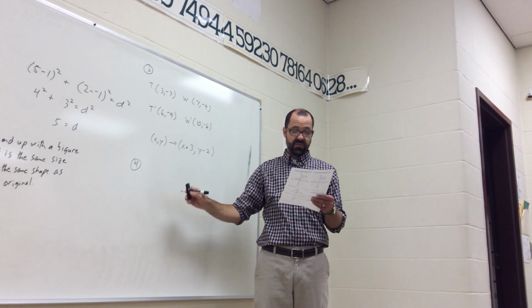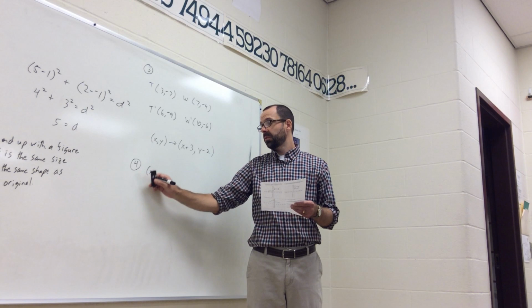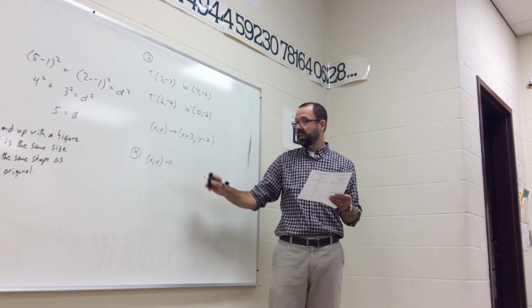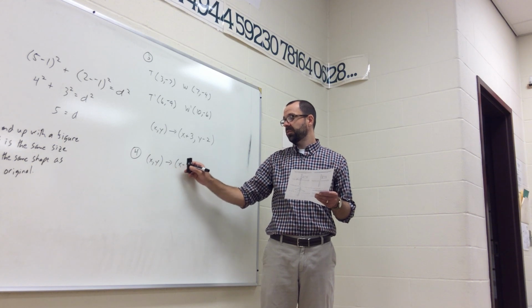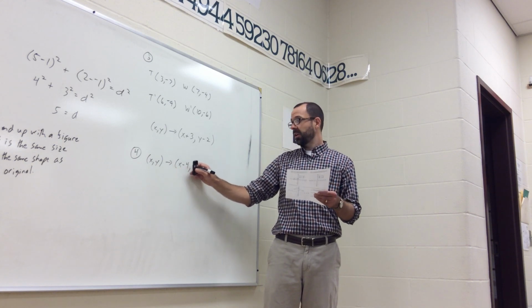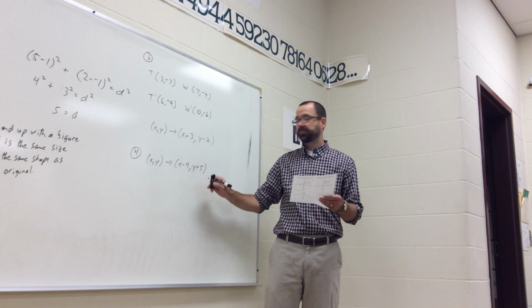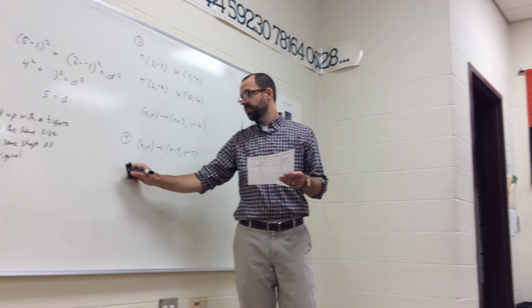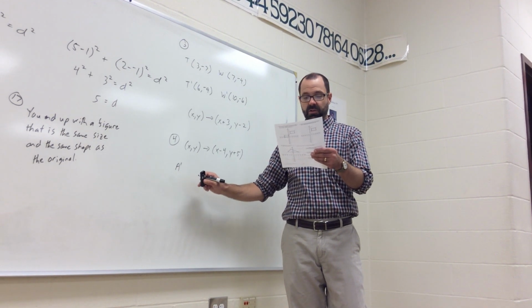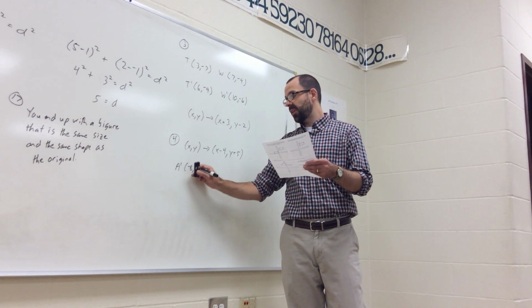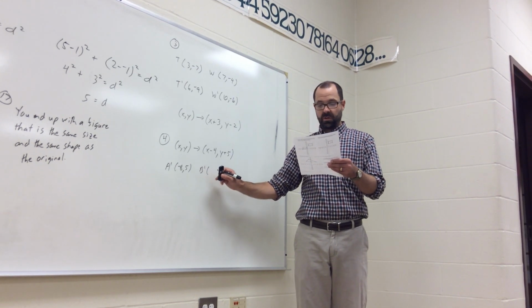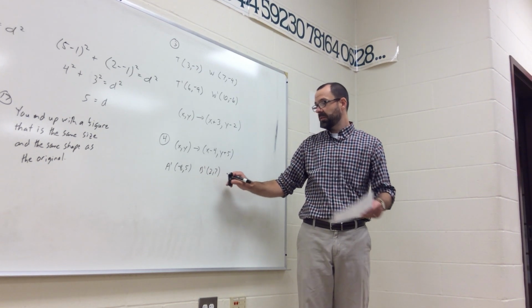Okay, this time they're giving us the rule. So you don't have to write this down. This is part of the question. The rule on number 4 is x comma y goes to x minus 4 and y plus 5. And then they gave us the new ones. So a prime was -8, 5, and b prime was 2, 7.